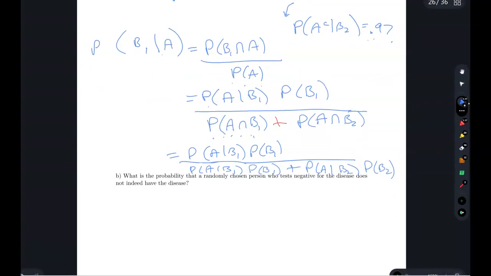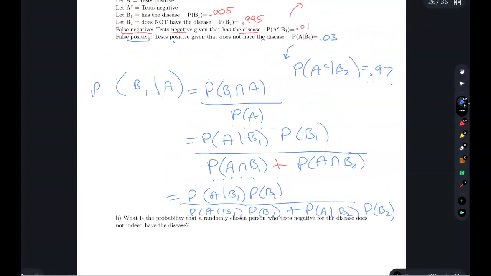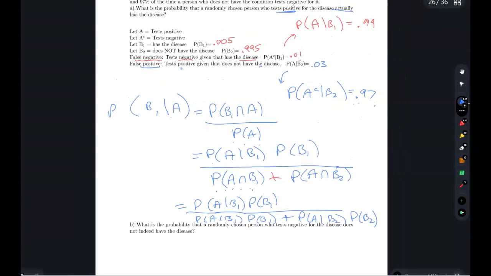So let's fill in all the numbers. The probability of A given B1 is 0.99, multiplied by the probability of B1, which is 0.005, all over 0.99 again times 0.005.